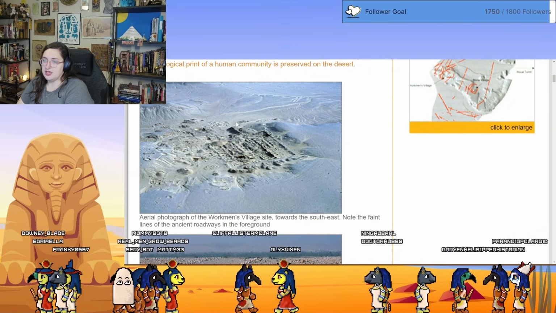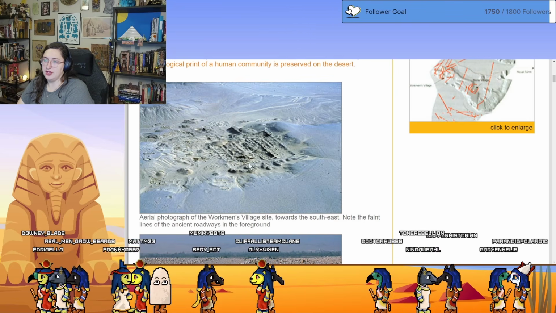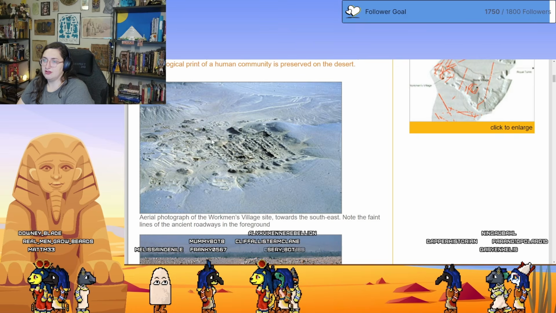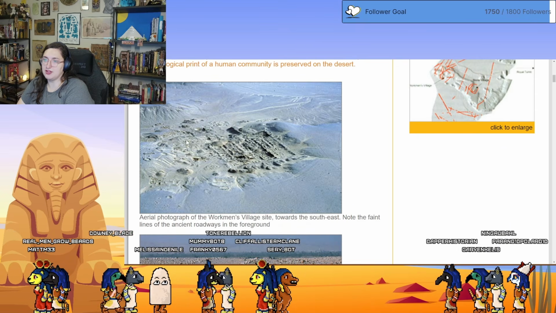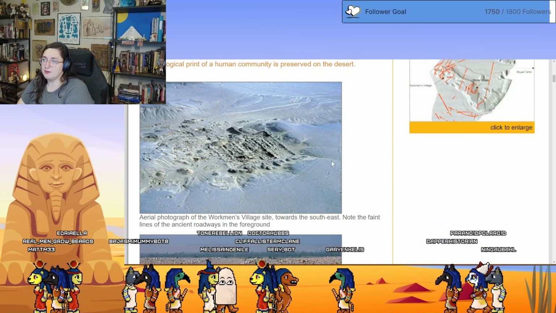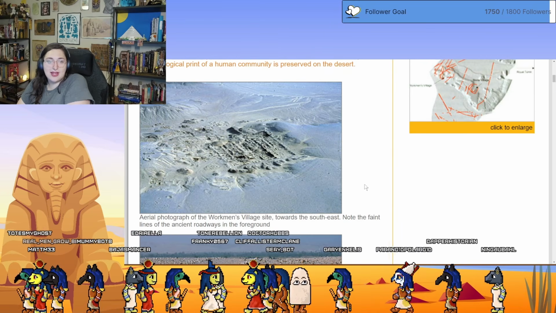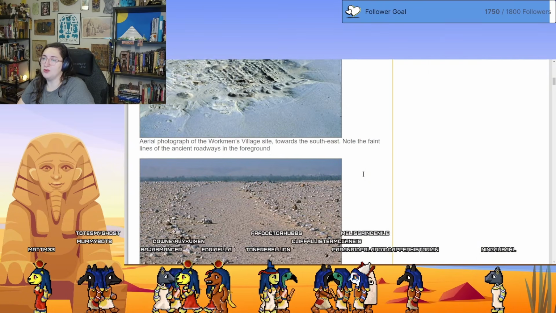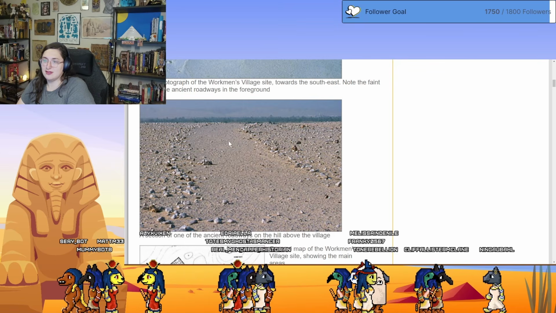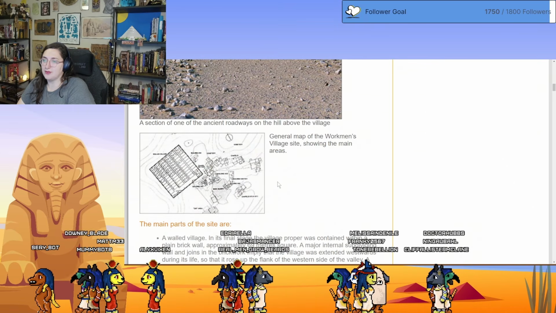So you can see here an aerial photograph of the workman's site. And you can see that perfect square as well as everything surrounding it. And you can see these roadways pretty easily. Again, we're in the desert. Nothing really changes and moves. And here, these ancient roadways just vaguely go through all the area.